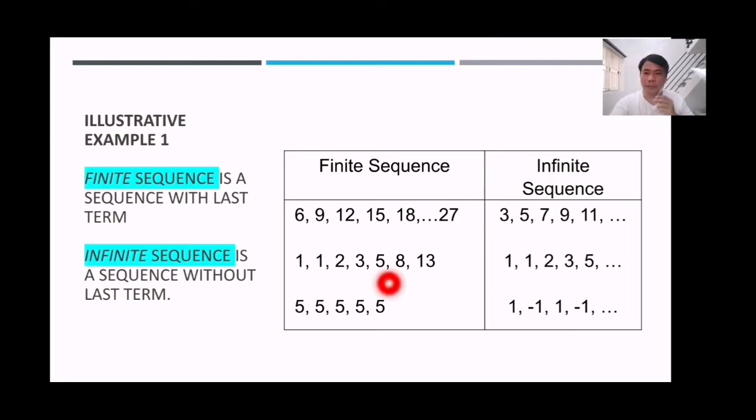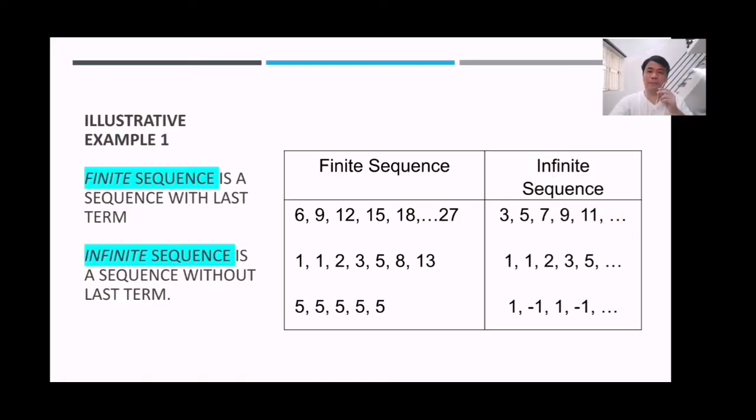While an infinite sequence is a sequence without a last term. So, these sets represent infinite sequence. How are we going to know if the given set is an infinite sequence? Let's look at the end again. You will see here 3 dots. All of those sets have 3 dots.